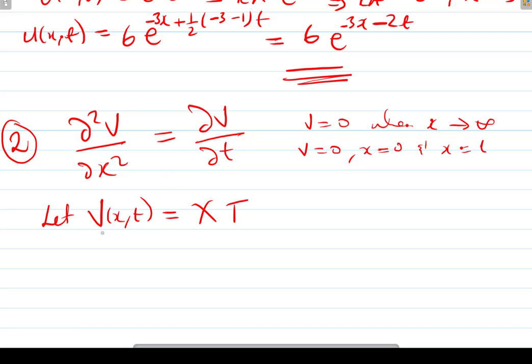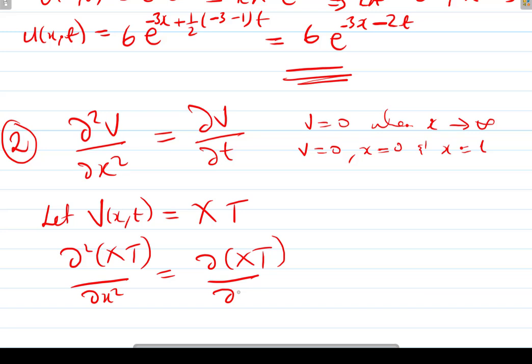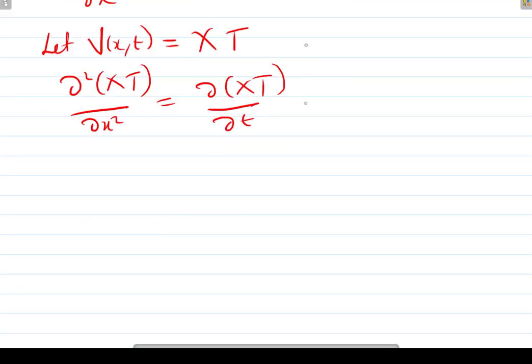Then substitute in the partial differential equation: d squared of XT over dx squared equals d of XT over dt. Differentiating with respect to x, t is constant, so this just becomes T times X double prime, equals, with respect to t, X times dT/dt.